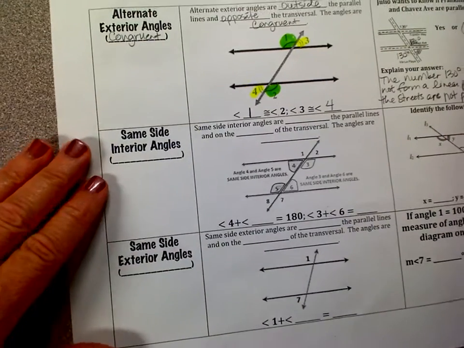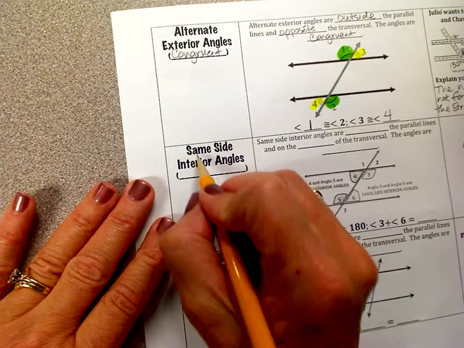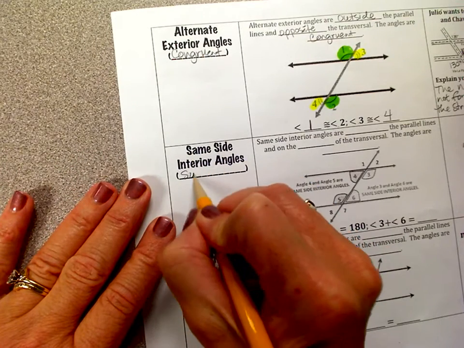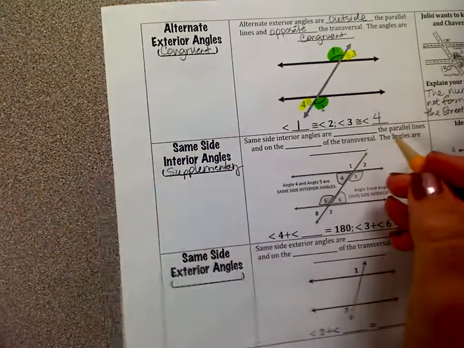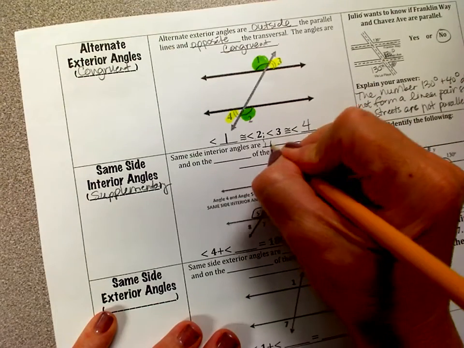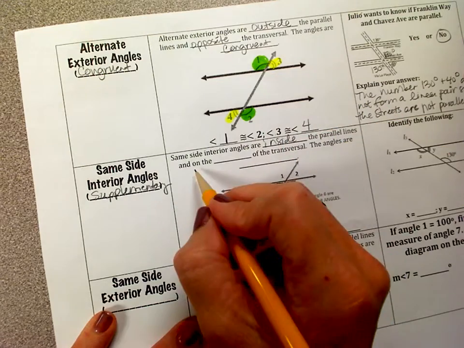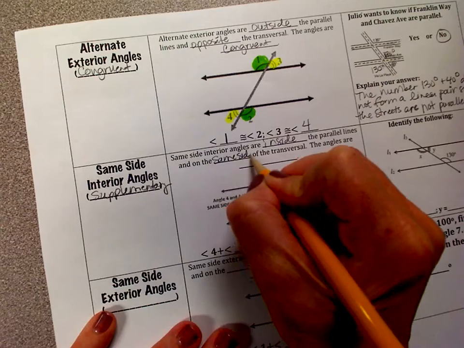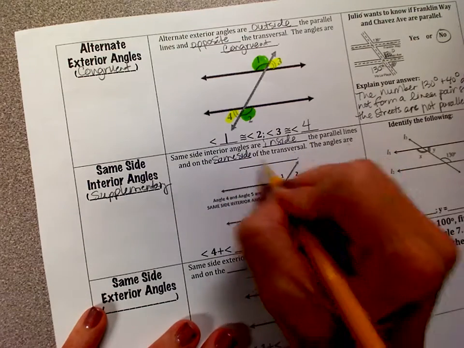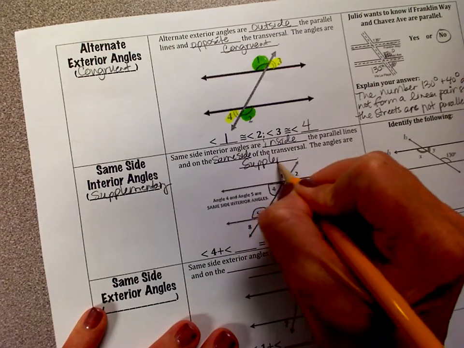Same side interior, they do add up to 180. So same side interior angles are supplementary. Same side interior angles are inside the parallel lines and are on the same side of the transversal. These angles are supplementary.